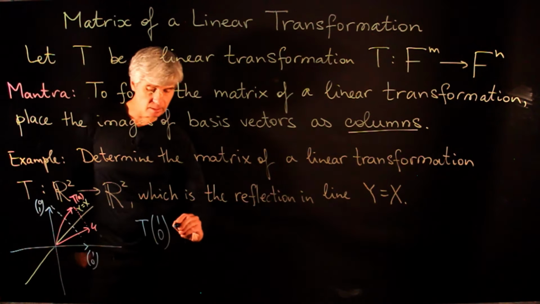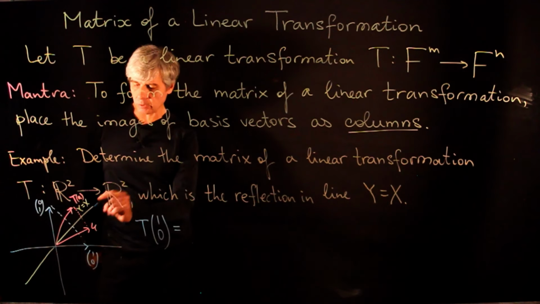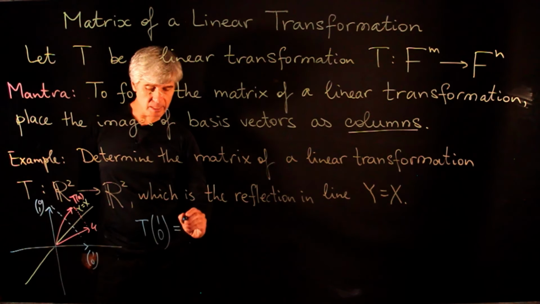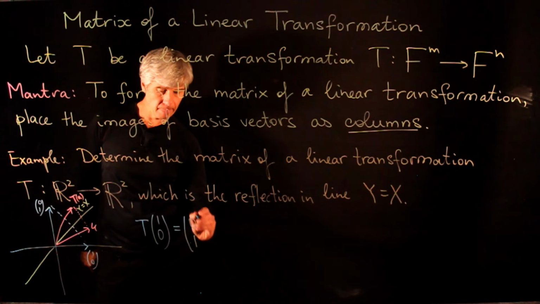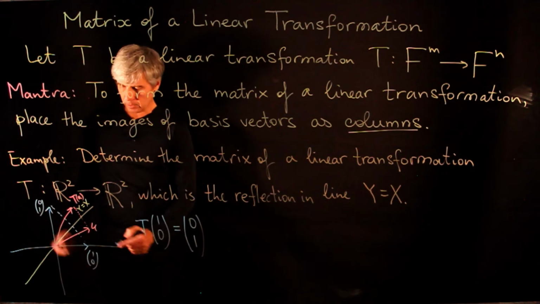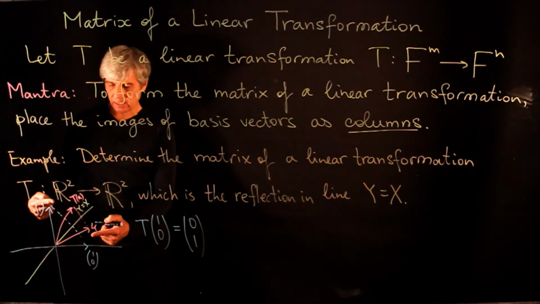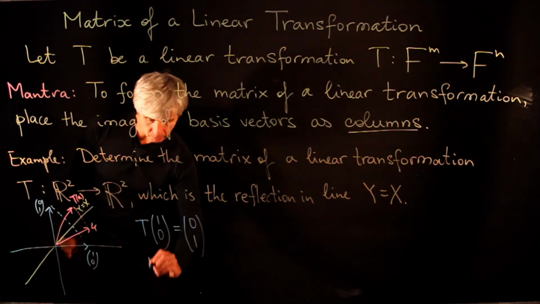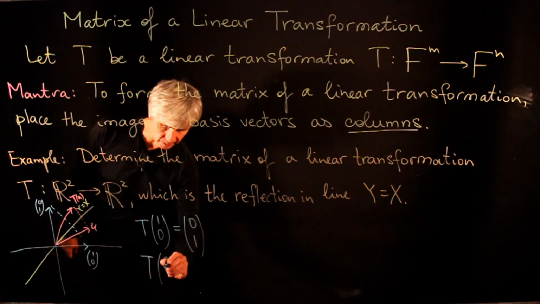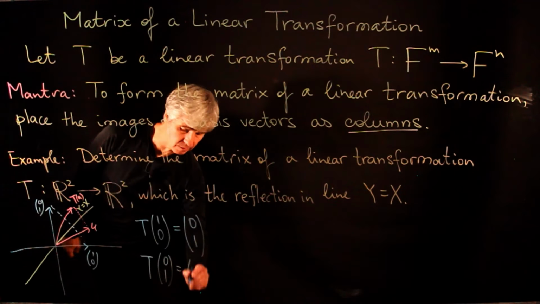So the mirror image with respect to the line y equals x of (1, 0) is (0, 1). And because this is a mirror reflection, the image of the second basis vector, (0, 1), is the first basis vector, (1, 0).